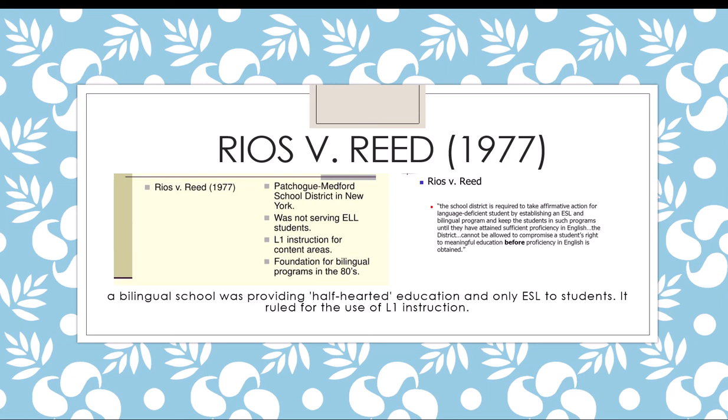And they were not allowed to compromise the students' right to a meaningful education before they were proficient in English. This was a significant court case because for the schools that were only providing half of the education that they were supposed to provide the ESL students, it allowed them to rethink what they were doing.